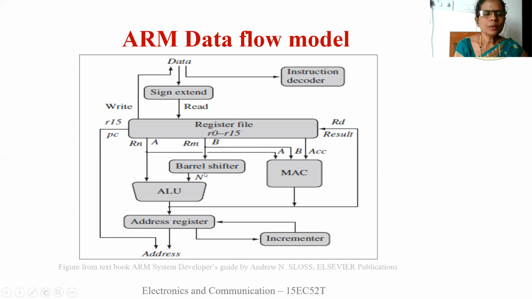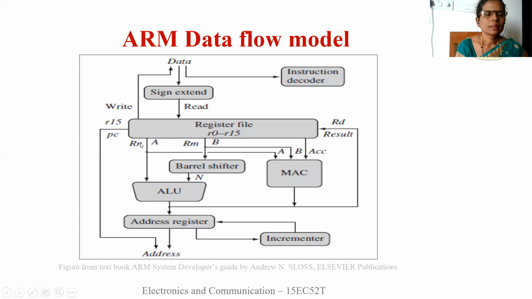The Rm content goes to the barrel shifter. Rm is called the second operand. Rn is the first operand. The content of Rn goes to the ALU. The content of Rm also goes to the ALU, but via the barrel shifter. The result of the barrel shifter is marked as N. So you can check here, the register file has 2 buses, A bus and B bus.